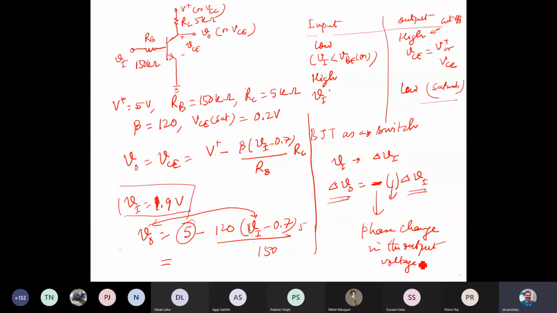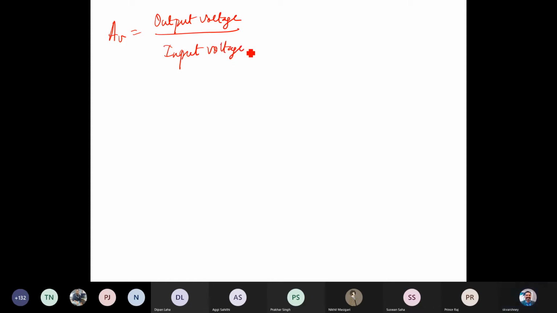So if I just take the ratio of delta V naught over delta VI, I would get the gain. Actually, the gain which we define is AV, so that's your output voltage divided by input voltage, right?